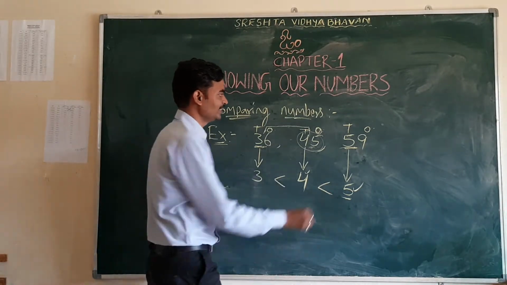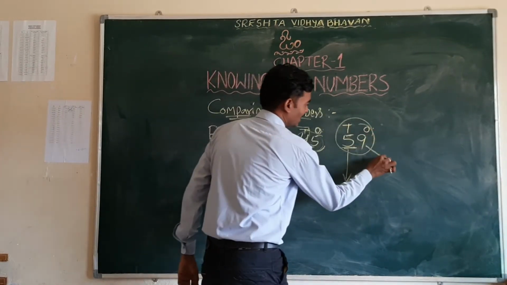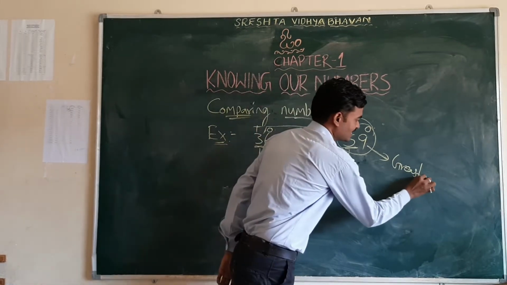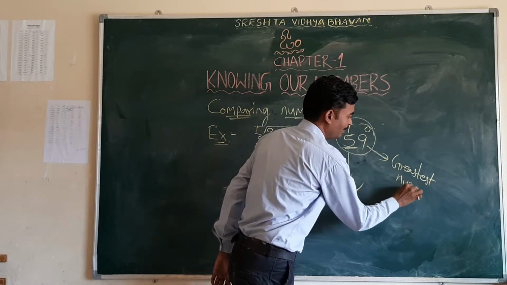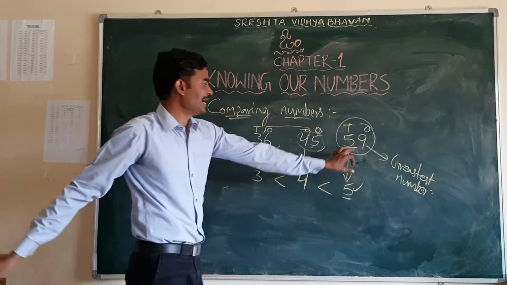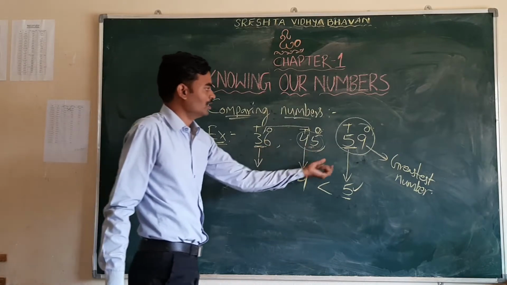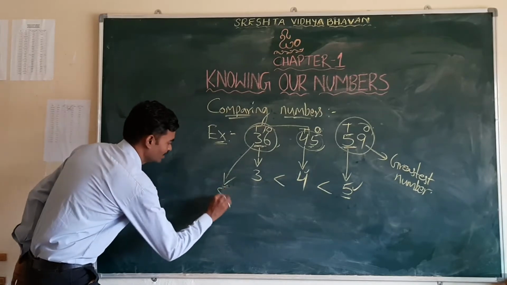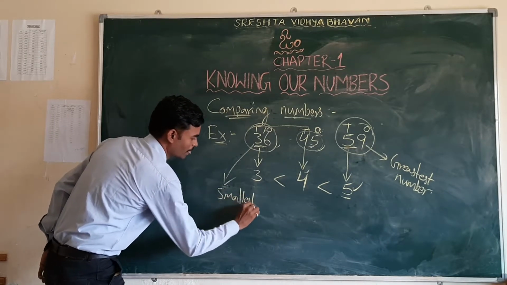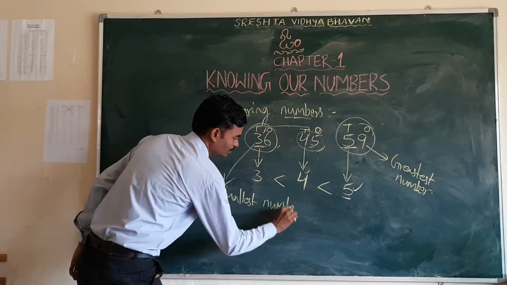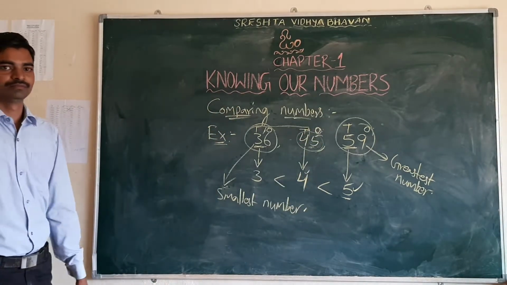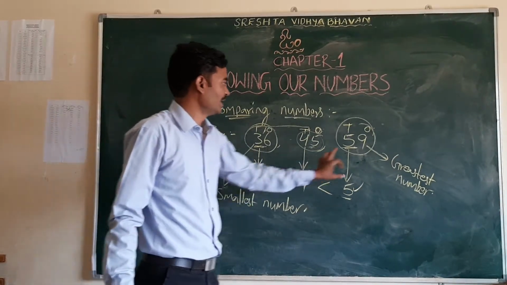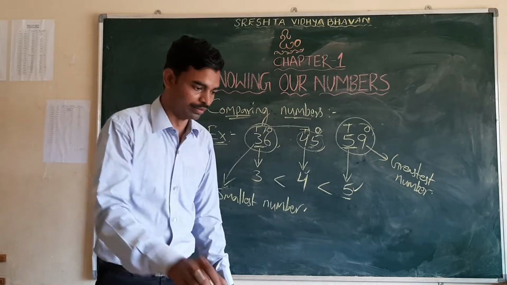In this comparison of three numbers, 59 is the greatest number and 36 is the smallest number.